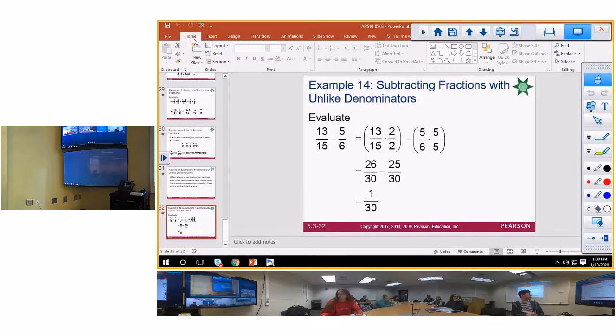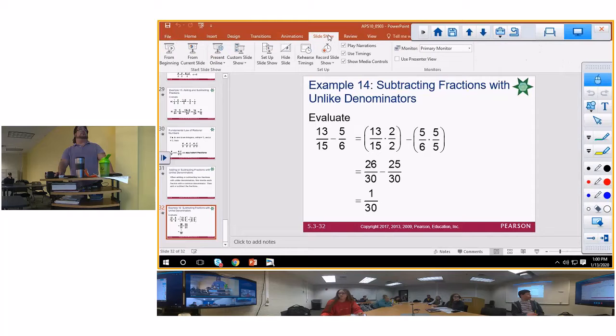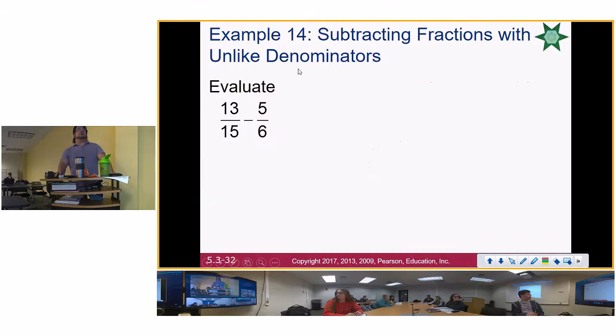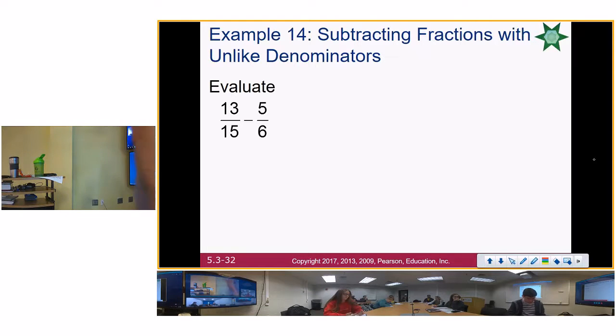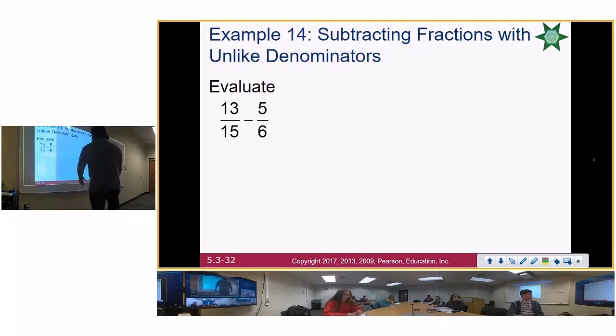It is very simple, it's not rocket science, but I'm going to show you how we use the least common multiple to find the common denominator. First of all, I'm going to find the common denominator, because a lot of you go, oh, this is 6 times 15. Well, let's check and make sure. 6 and 15.